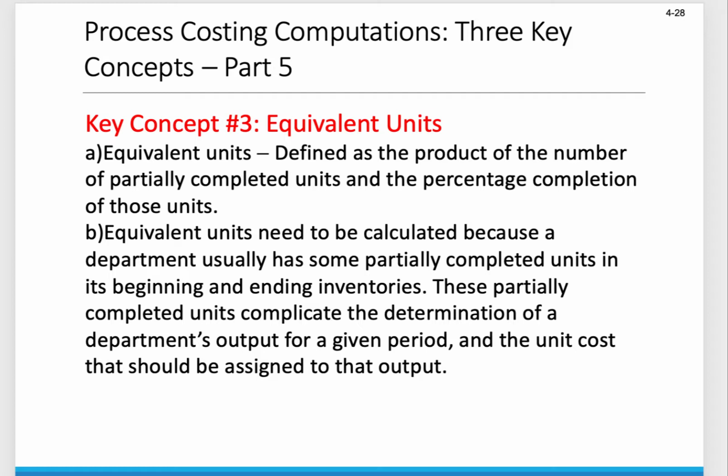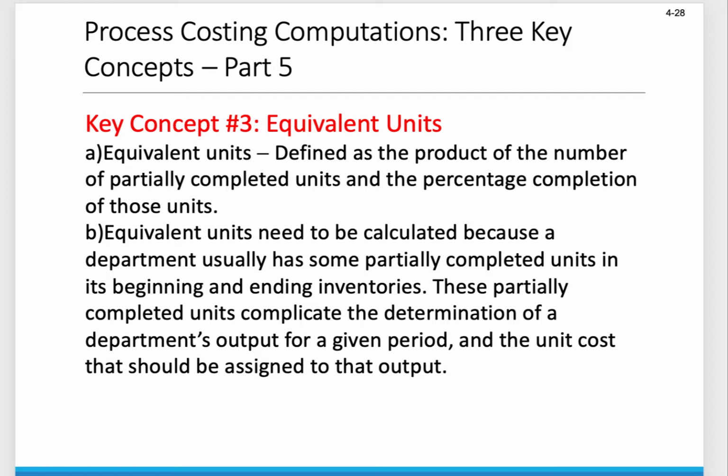We have to calculate these equivalent units because of departments. Remember, the units are moving through a process, and each department is putting its input, whether it be material or conversion cost, into that product.